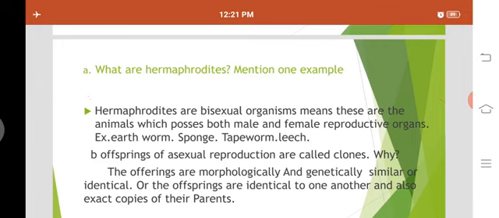This question, what are clones, they have asked repeatedly. You will find this question in 2014, 2015, 2016, like that. Repeatedly the same question has been asked.